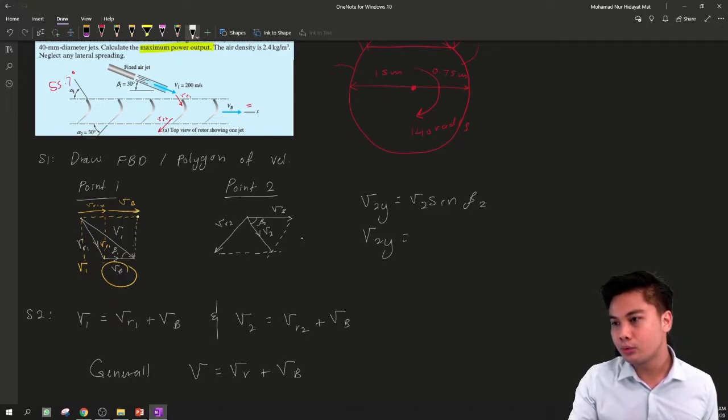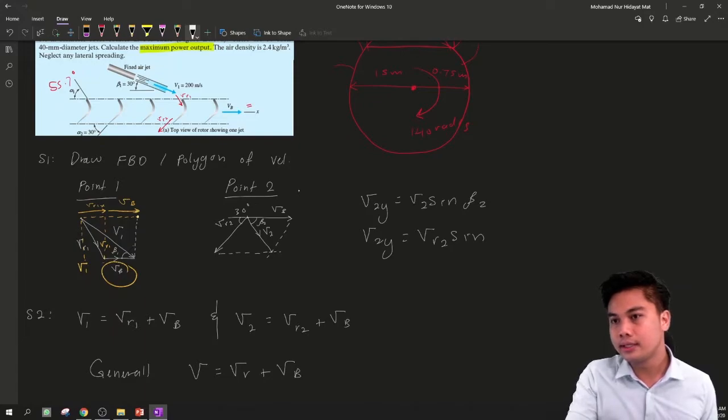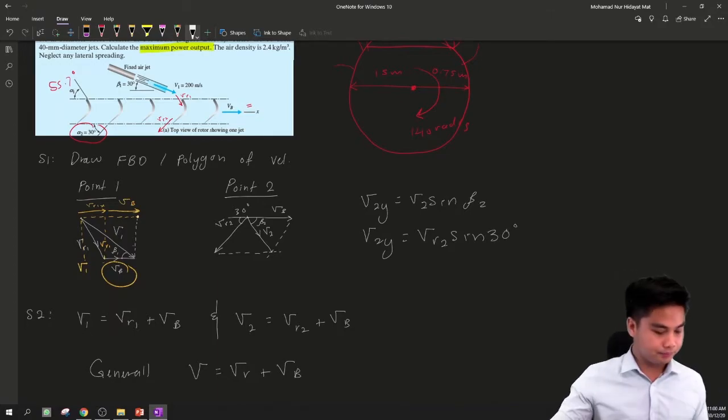This one we refer to velocity 2. How about we refer to velocity R2? So VR2 sine, we can use the relative angle, which is alpha 2. So this is actually the angle from here, the 30 degree, which is alpha 2. So sine alpha 2 here is sine 30 degree.